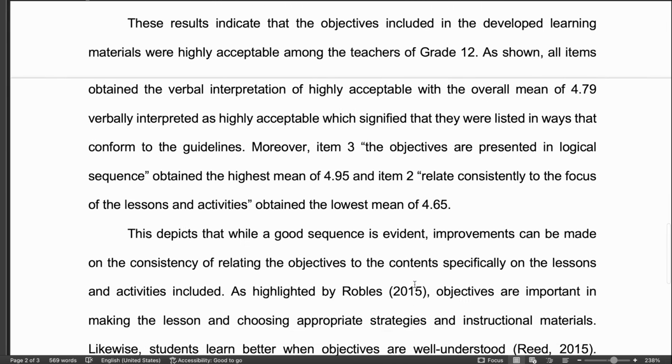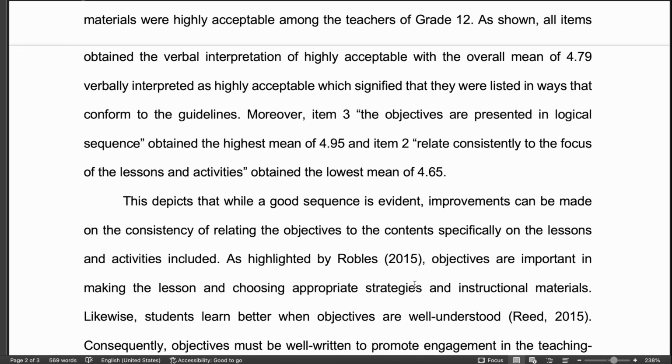Okay, ano pang ibig sabihin sa kanyang interpretation? This depicts that while a good sequence is evident, improvements can be made on the consistency of relating the objectives to the contents, specifically on the lessons and activities included. As highlighted by Robles 2015, so nag-cite na kay Robles 2015, objectives are important in making the lesson and choosing appropriate strategies and instructional materials.